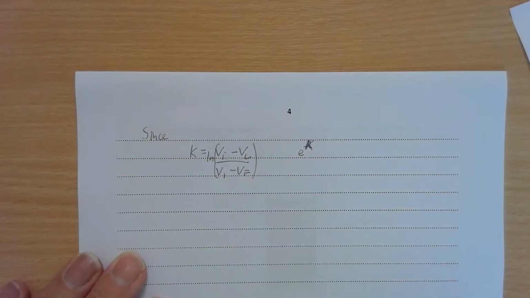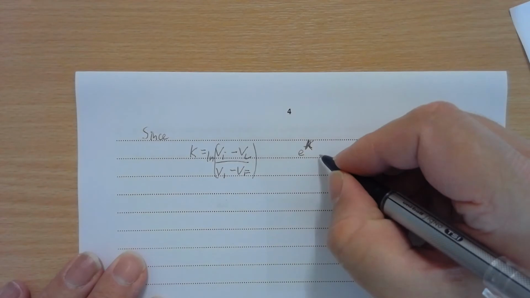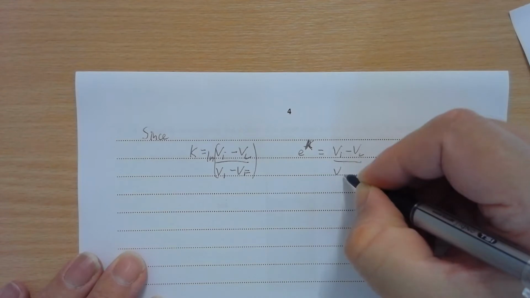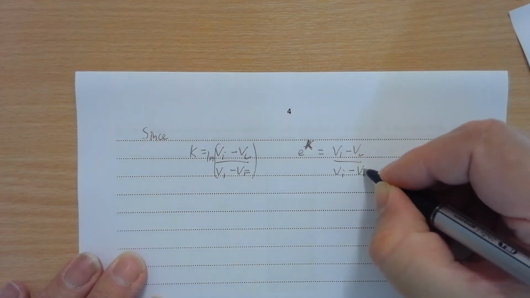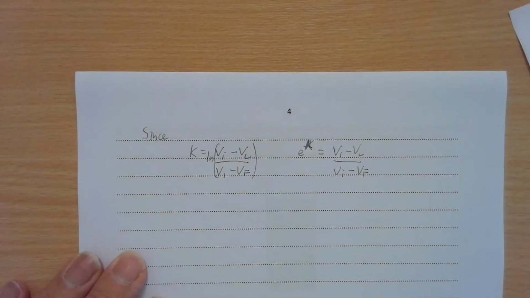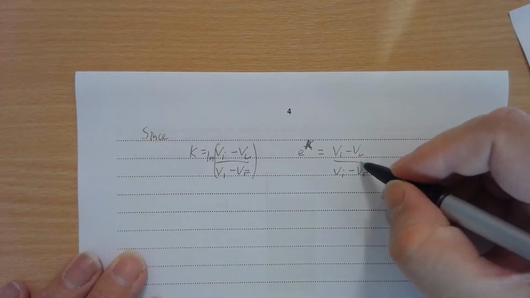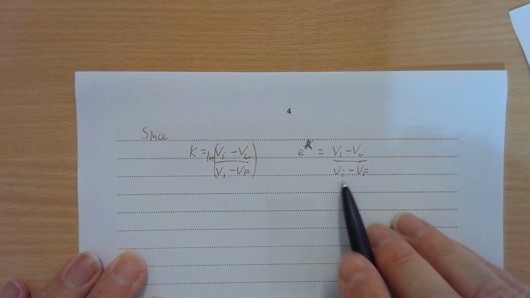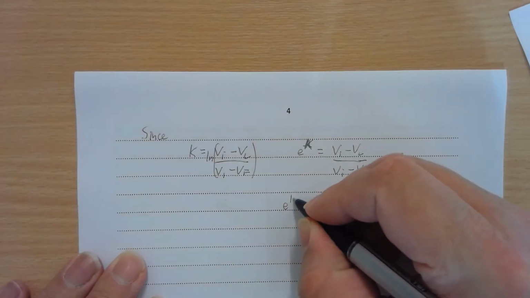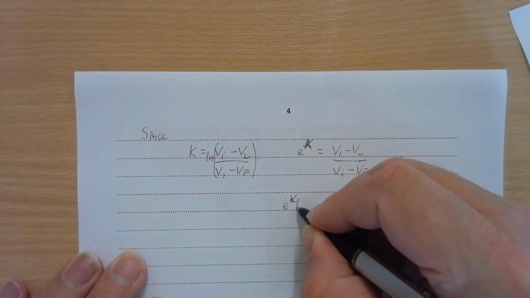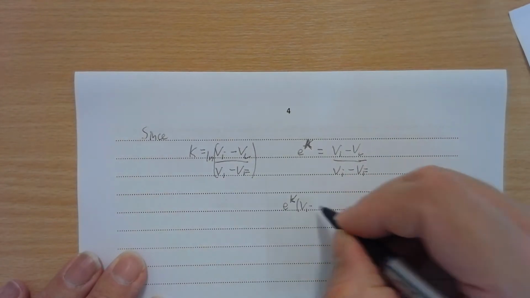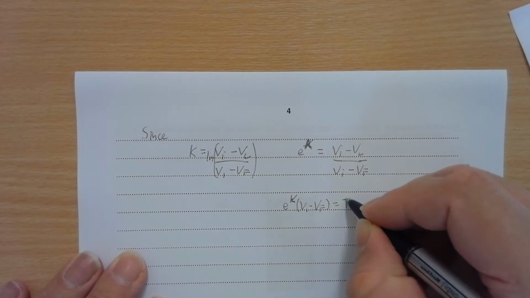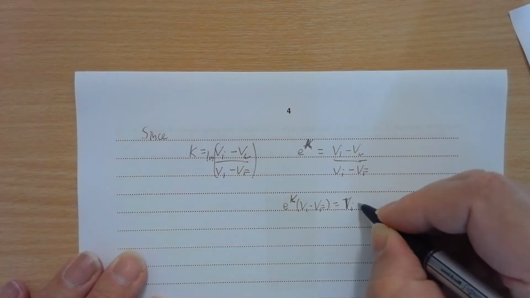Remember, k is something we've worked out from the gradient, is equal to VI minus VL over VI minus VF. Okay, so we'd then just rearrange the formula to make VL the subject, so it's going to be e to the power of k multiplied by VI minus VF equals VI minus VL.